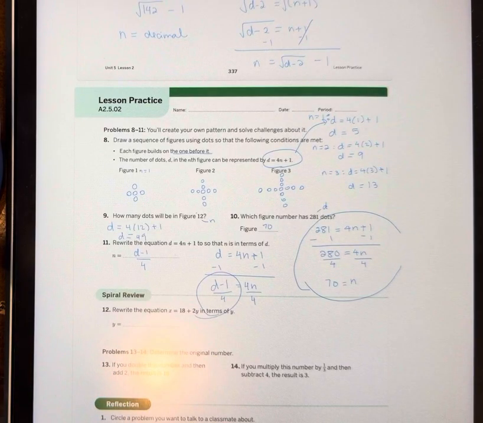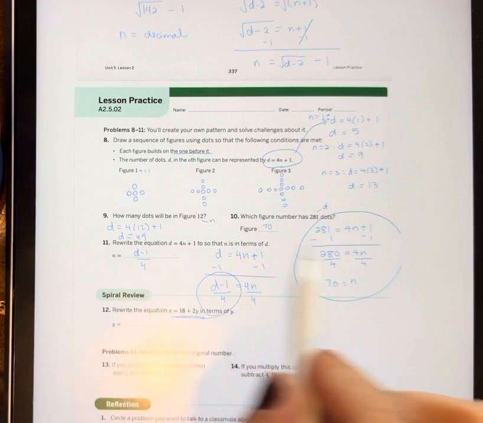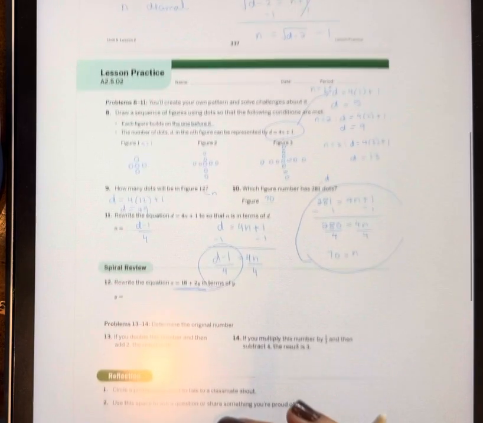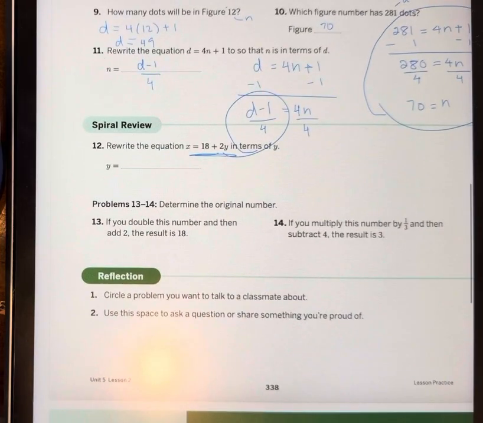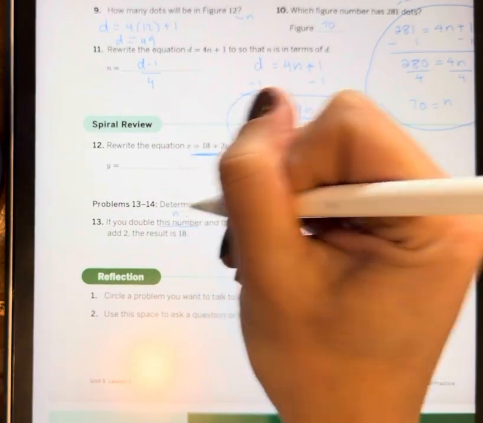It works on our equation rearranging skills. Like this one right here is pretty much exactly like this one that I just did, so I'm not going to do that one. Determine the original number. If you double this number, then add 2, the result is 18. I'll do it. This number is unknown. Let's call it n.